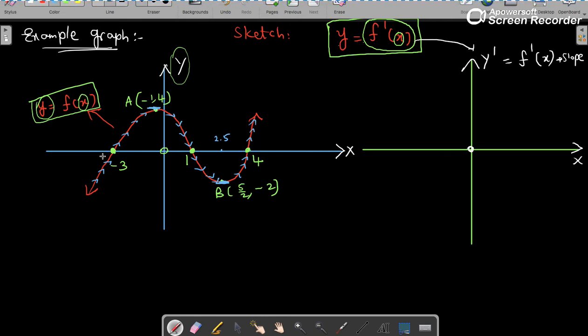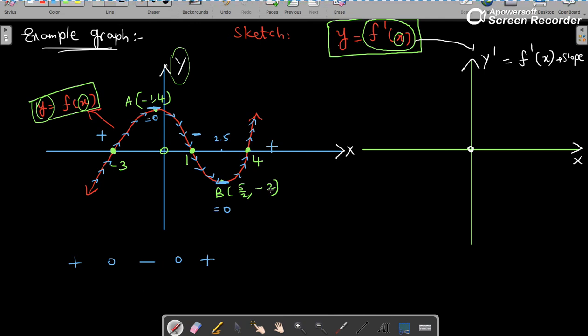Therefore, I first have my slope positive, then equal to 0, then negative, then equal to 0, and then positive. So this is a situation where you get plus 0, minus 0, plus.